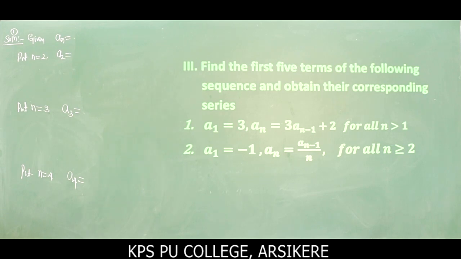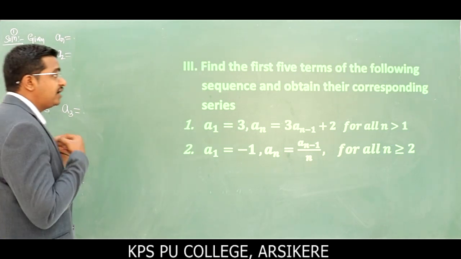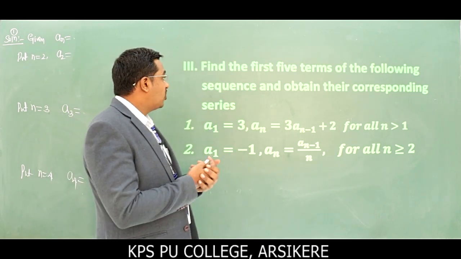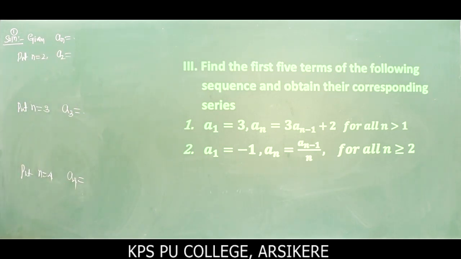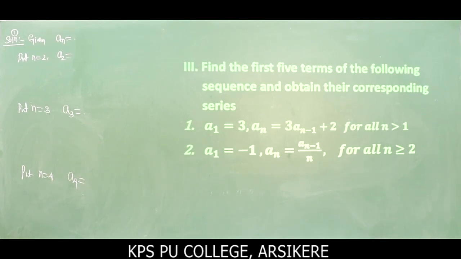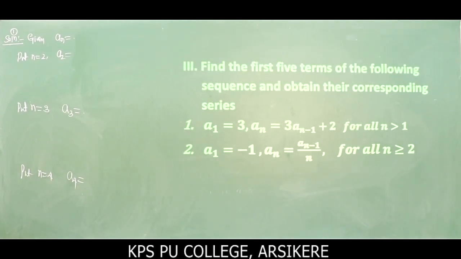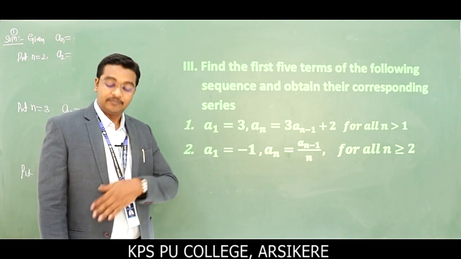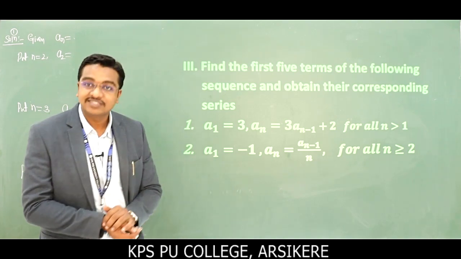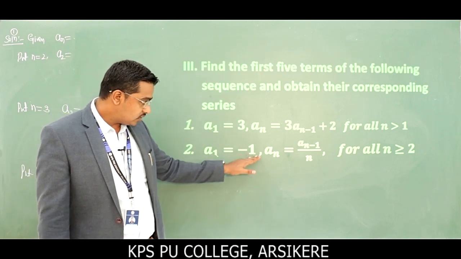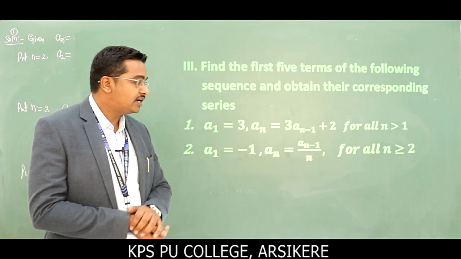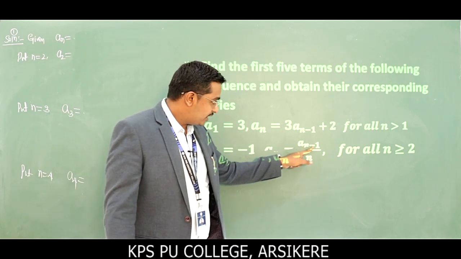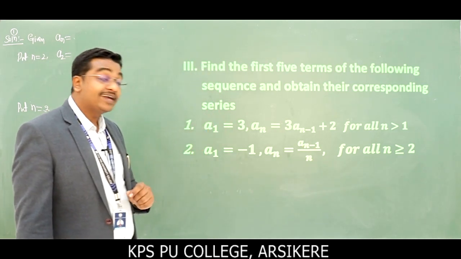Now dear students, we are moving to the second problem, the same thing. Find the first 5 terms of the following sequence and write their corresponding series. a1 is equal to minus 1, and an is equal to a(n minus 1) divided by n, for all n greater than or equal to 2.